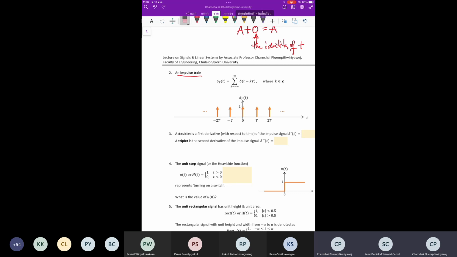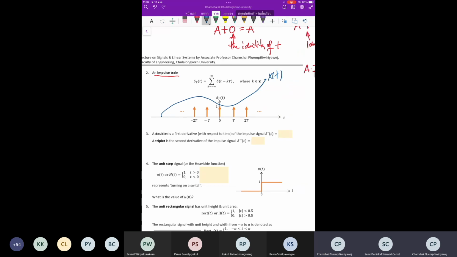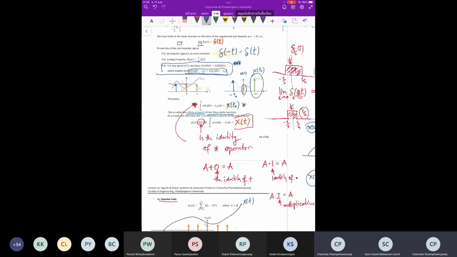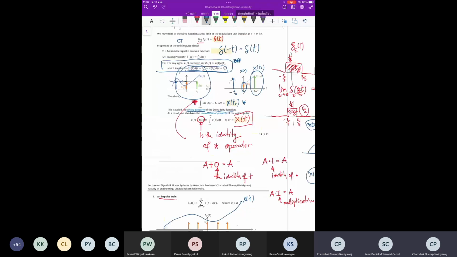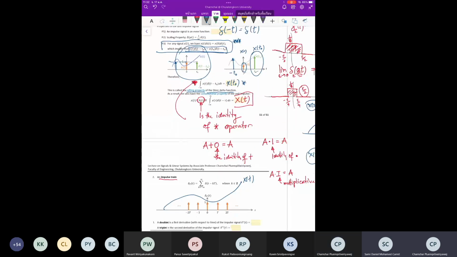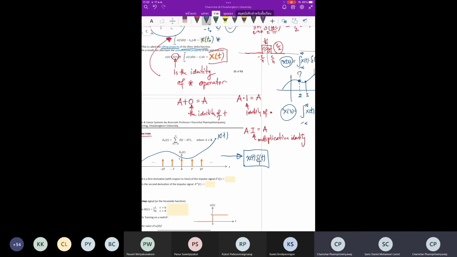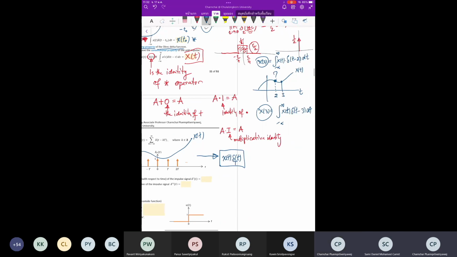Suppose I got x of t. You go back to this signal. If I multiply x of t by the impulse train, what would you get as the output?